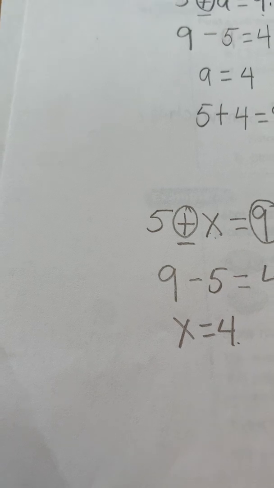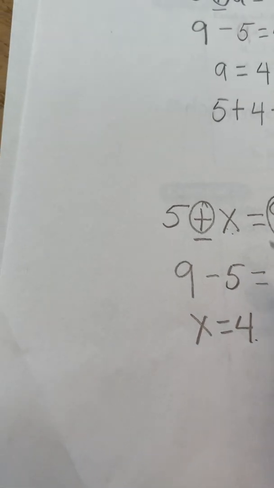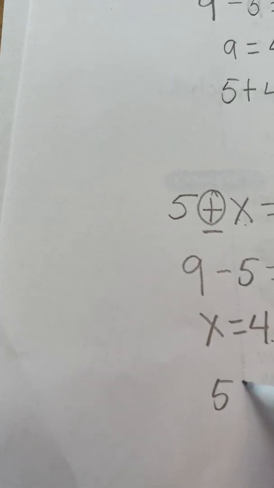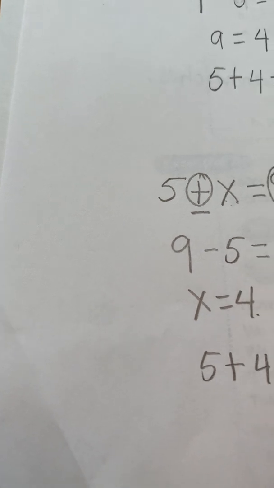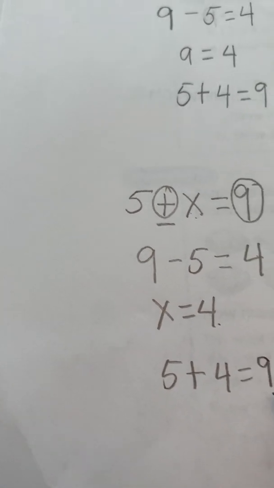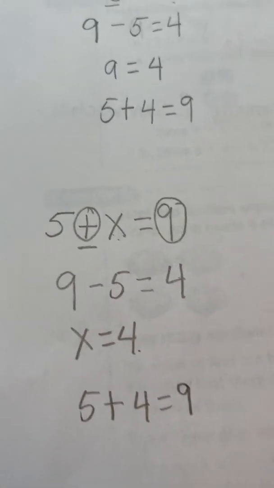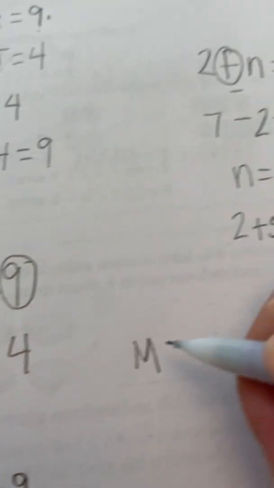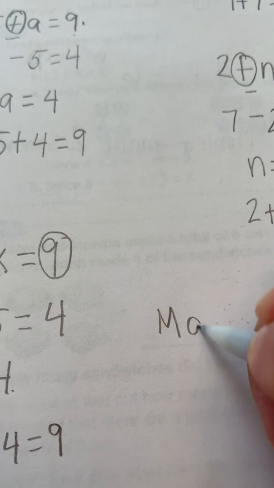I need to check my work to make sure that this is correct, so I'm going to plug it back in. 5 plus 4 equals 9. This is correct. So now I need to write my number sentence. Okay, so here we go. I'm going to write it right here.